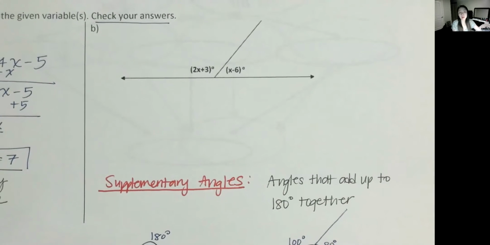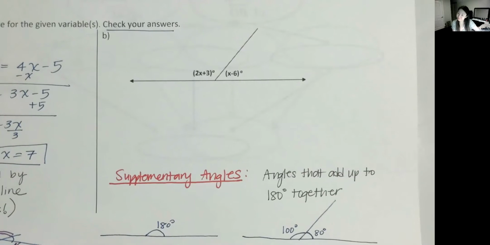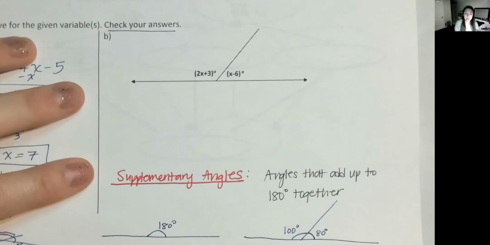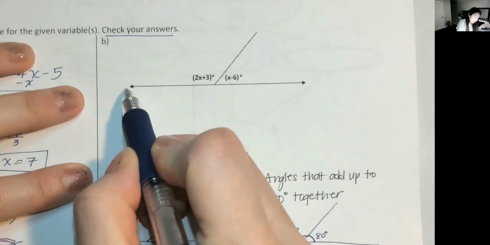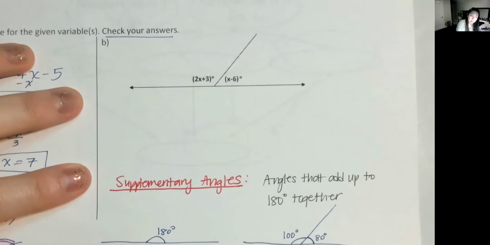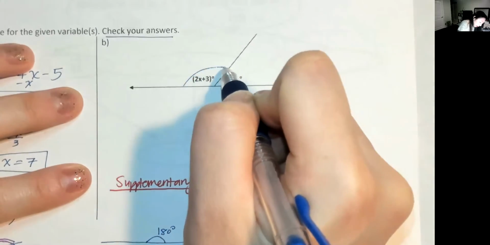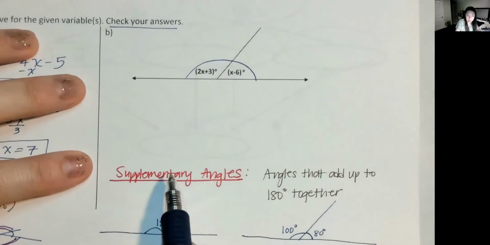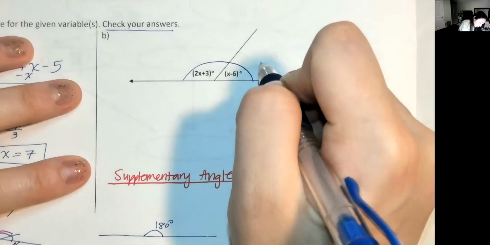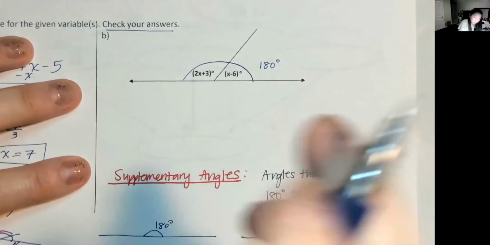So angles of triangles are also supplementary, right? So then in this case, on a straight line, we know that these angles, by definition of supplementary angles, these two have to add up to 180 degrees.